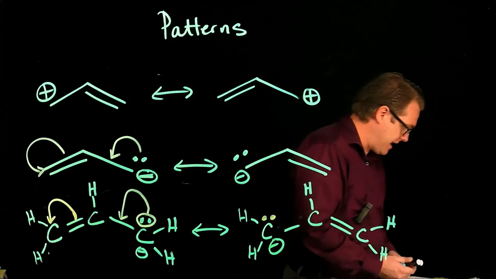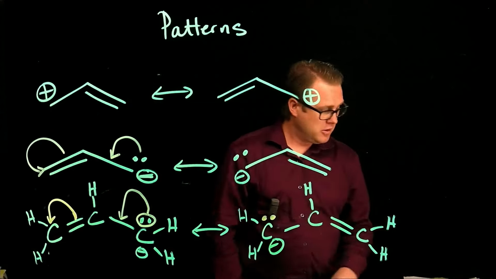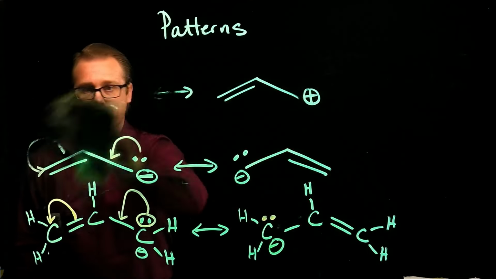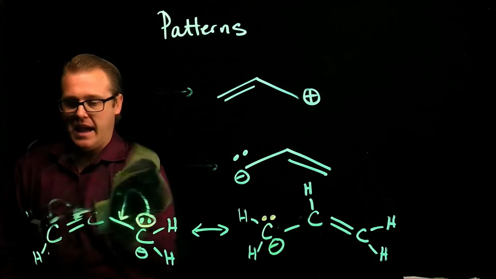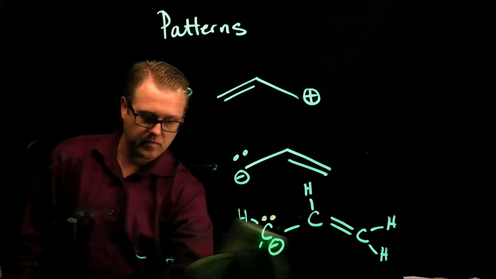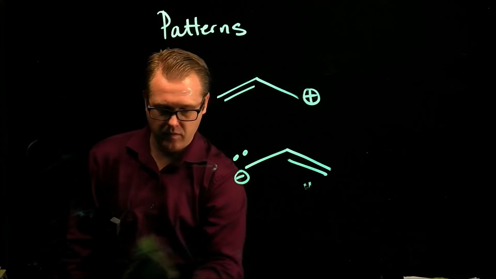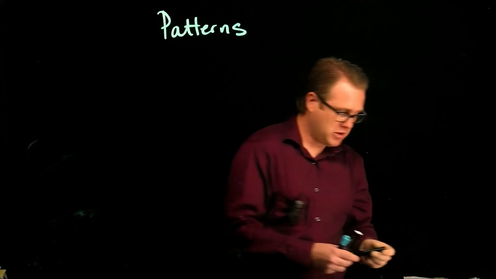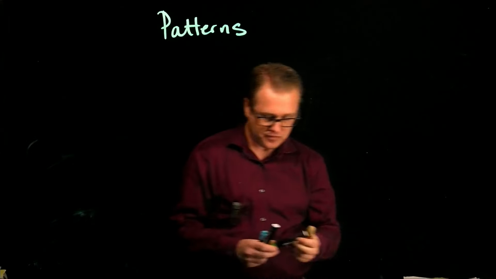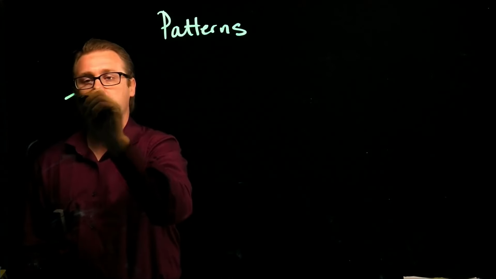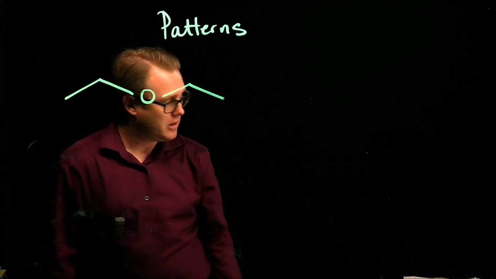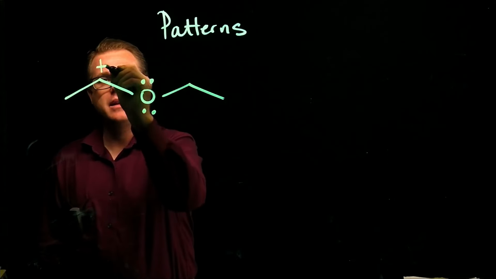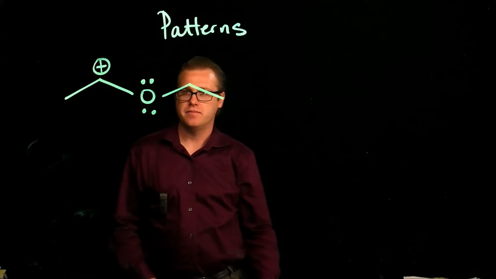Let's look at another pattern here. And the next pattern is when you have lone pairs adjacent to a positive charge. So if we had something that looked like this, and we had some lone pairs and a positive charge there.